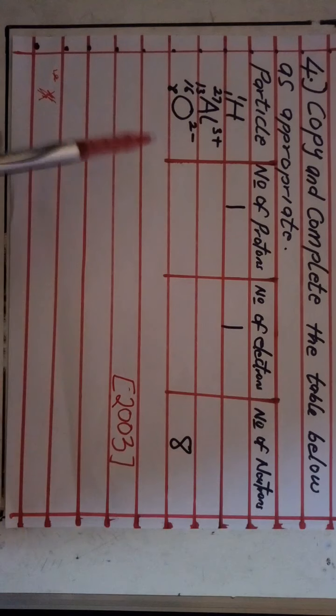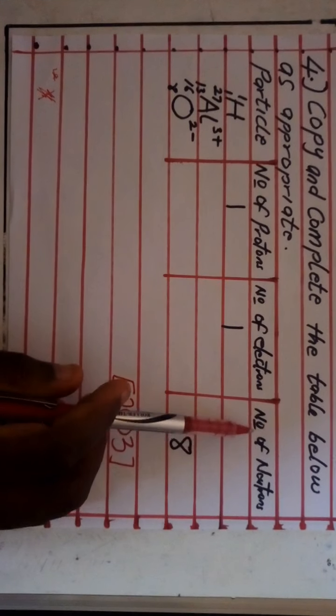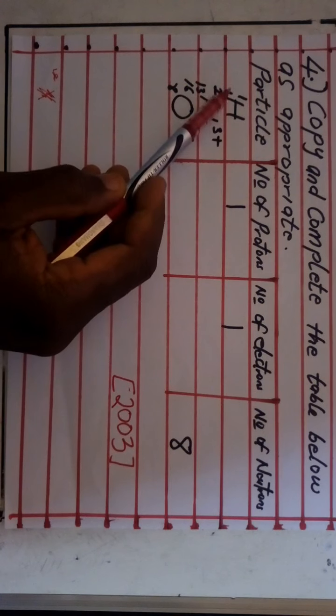So next question. Copy and complete the table below as appropriate. We have to fill these boxes. So hydrogen: number of protons, number of electrons, number of neutrons. To get the number of neutrons, you subtract this from this. So 1 minus 1 will be 0.